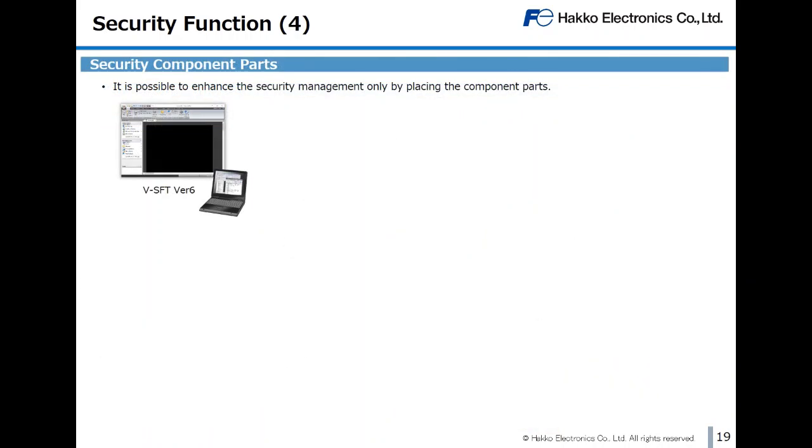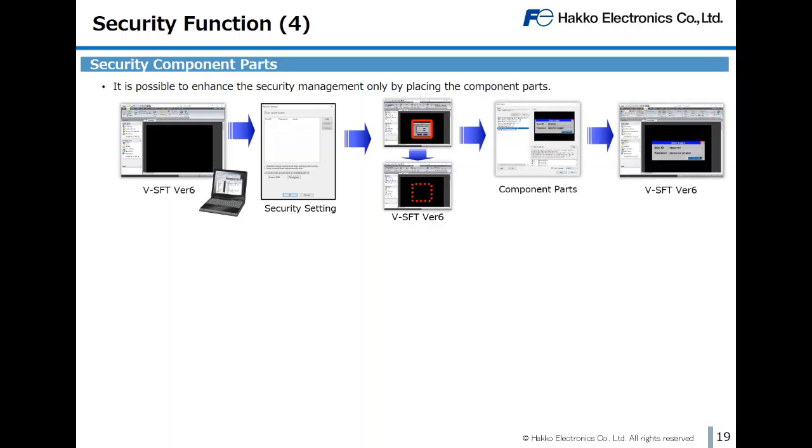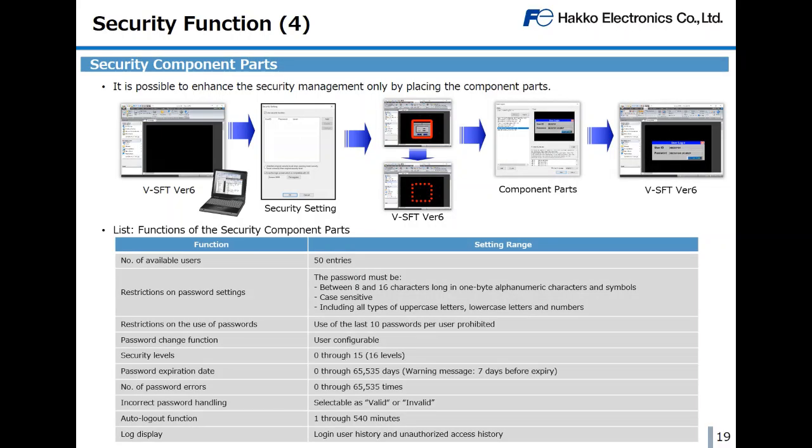The setting of this security component part with VSFT6 is very simple. You just need to go through the security setting on VSFT6, and replace the default parts by this component parts. This table shows the specification of the component parts. Up to 50 users can be registered at the moment, and we are planning to expand to 100.